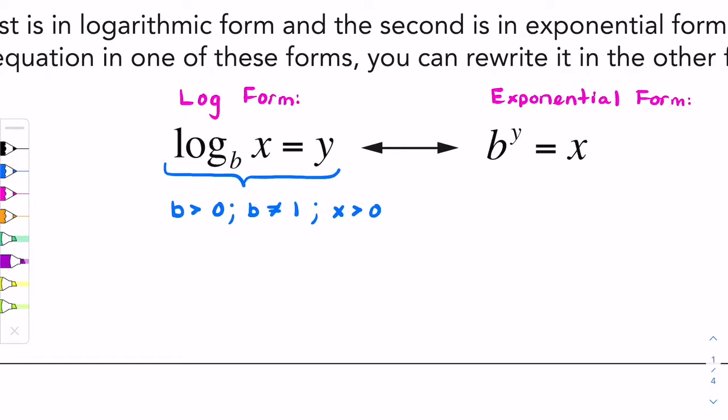If you have a logarithm with a base of b, in exponential form, that base is going to be the base of your exponent. Within your log, you have log base b of x. That's how you say that. When you convert to exponential form, your solution will be x.